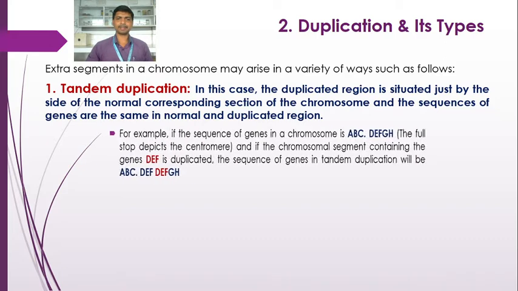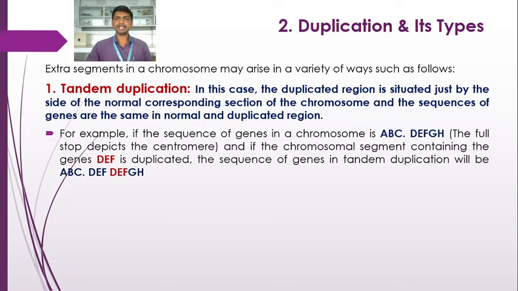For example, if the sequence of genes in a chromosome is A, B, C, dot, D, E, F, G, H, this dot or full stop shows the centromere.